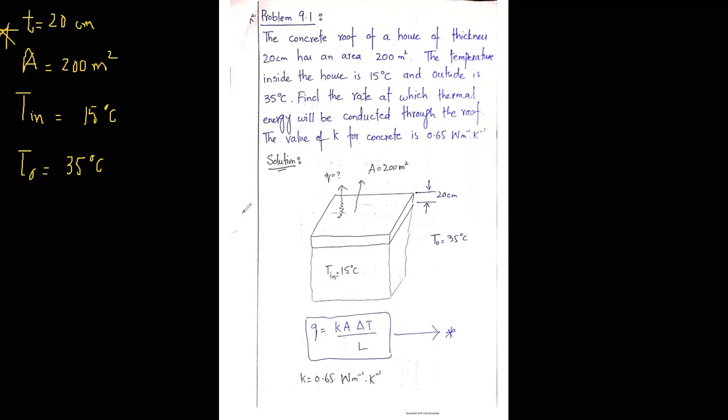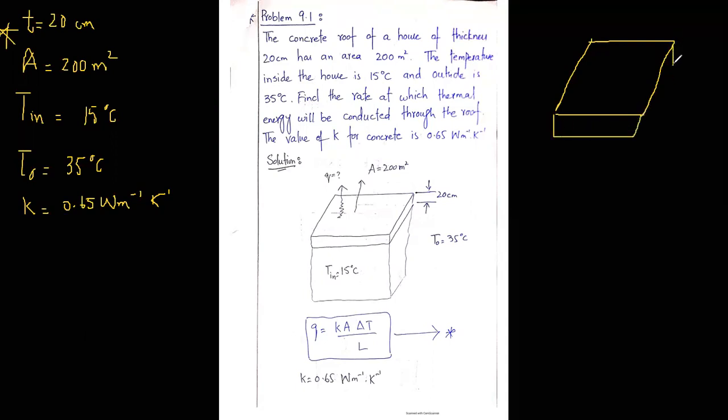In this case, this is a roof. The value of K for concrete is 0.65 watt per meter per Kelvin.